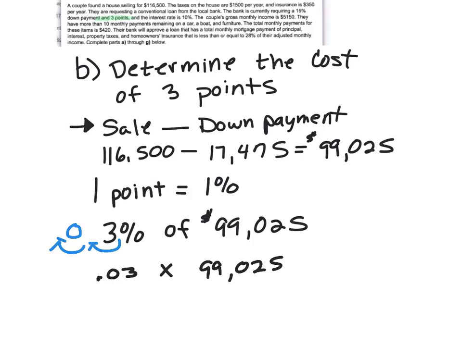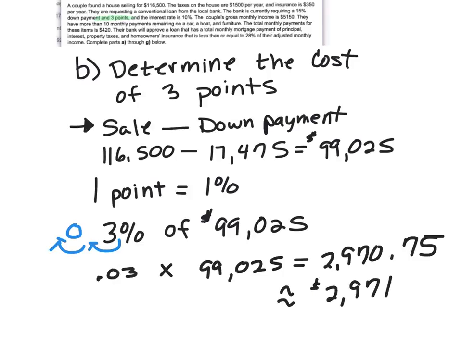So if we multiply $99,025 times 0.03, we get $2,970.75. But I believe the directions in the problem tell you to round to the nearest dollar. So if we do that, that means it'll be $2,971.